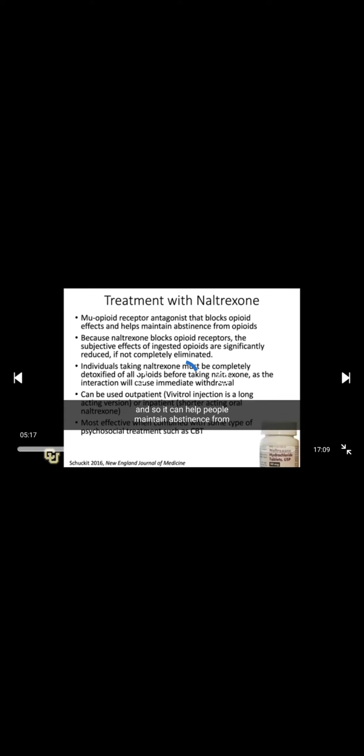So I mentioned naltrexone also. Naltrexone is an antagonist that blocks mu-opioid receptors, and so it can help people maintain abstinence from opioids because naltrexone is blocking those opioid receptors.